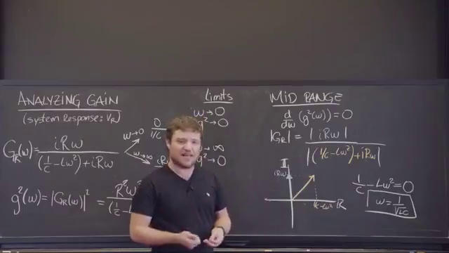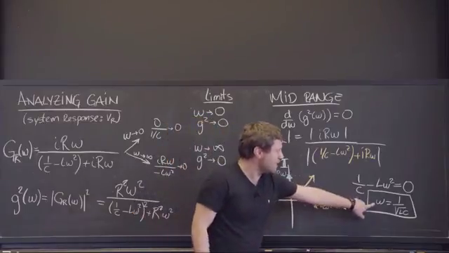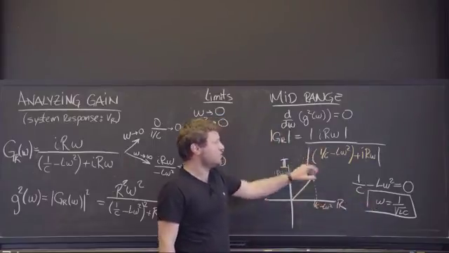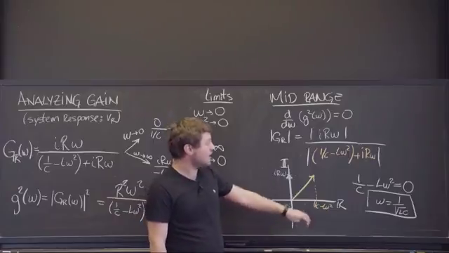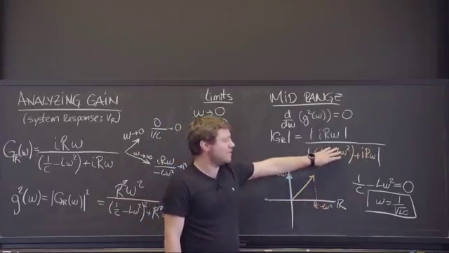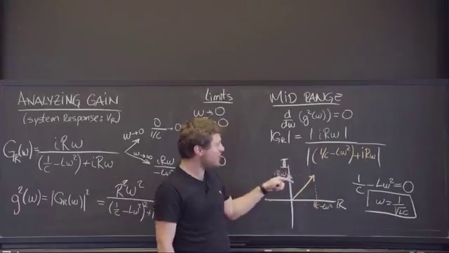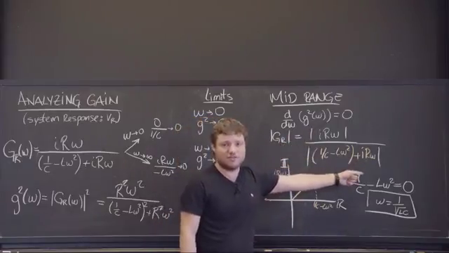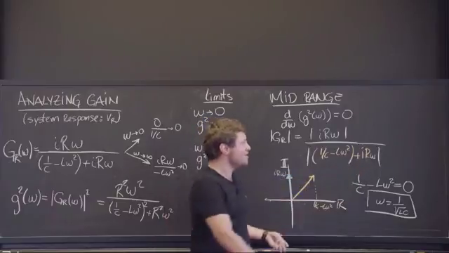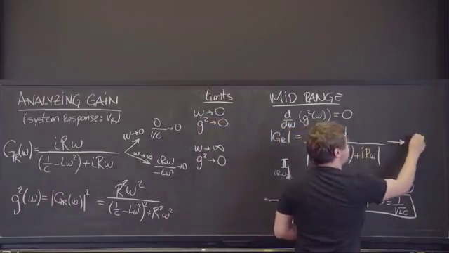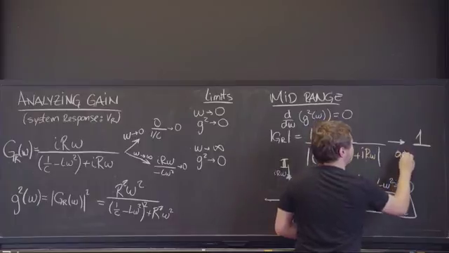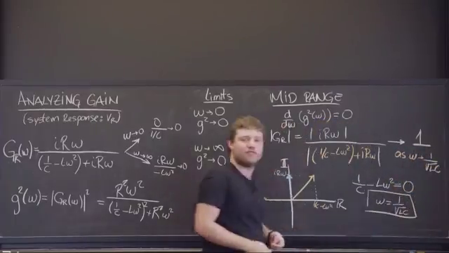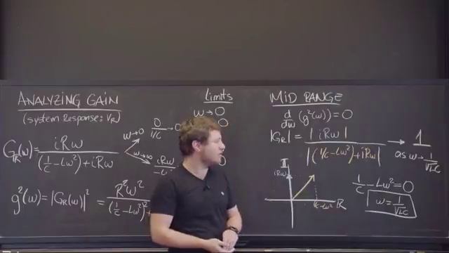Now, what is that gain? What happens when I plug in omega equals 1 over the square root of LC into this expression? Again, the real part of the denominator goes to 0. So I'm comparing the magnitude of I r omega with the magnitude of the same thing, I r omega. So this tends to 1 as omega tends to the square root of 1 over LC.